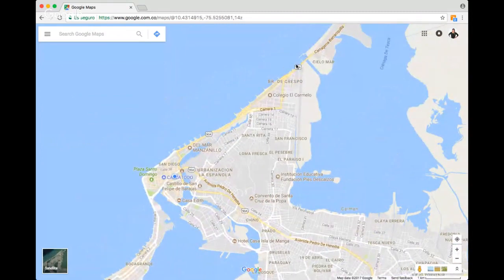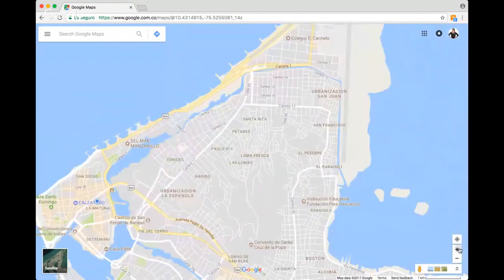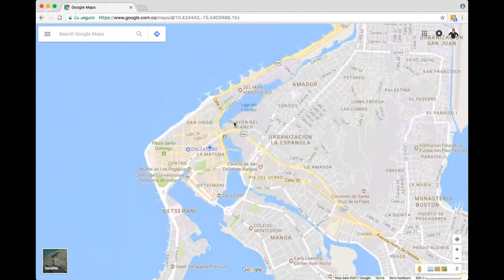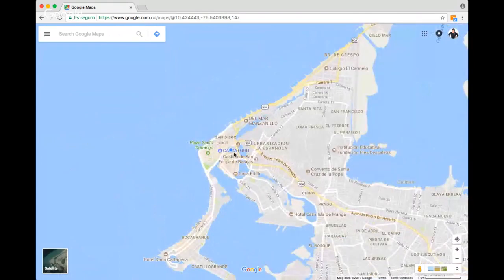Around here, where it says Cielo Mar, close to this part is the hotel where ICC will take place. Then here where you see Plaza Santo Domingo, San Diego, Getsemani, all this part is the downtown of Cartagena. Here we will have the opening and the Global Village, and you can find all the hostels.